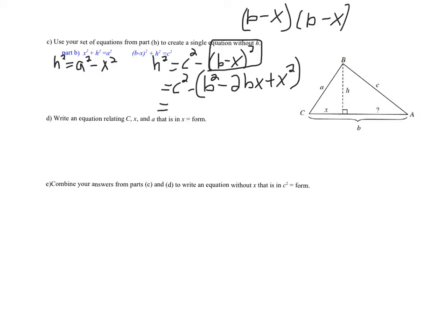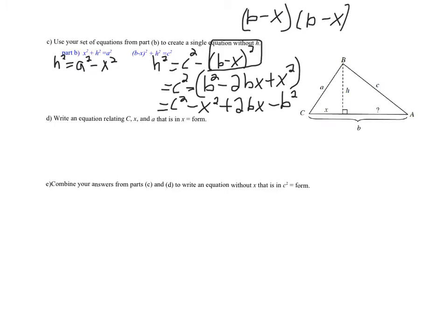Or another way to write this, I'm going to distribute this minus sign. So I have c squared minus an x squared plus a 2bx minus a b squared.